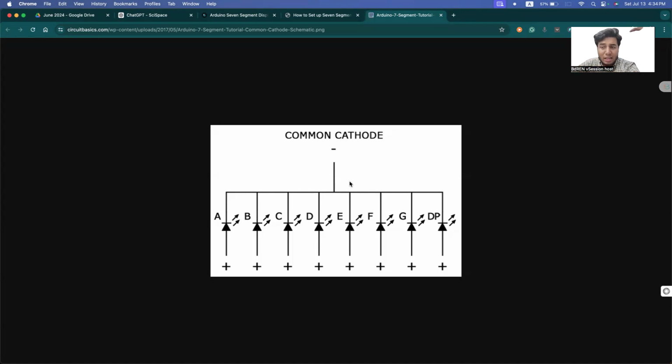And I can get a minus portion to the common cathode side. So this common cathode side is the safest and most user-friendly part that people want to deal with, because it's very easy to use.